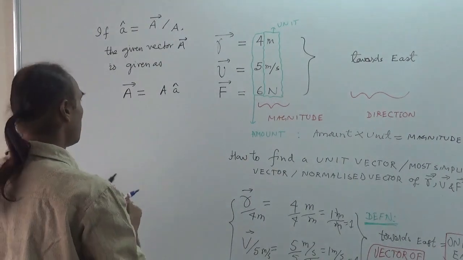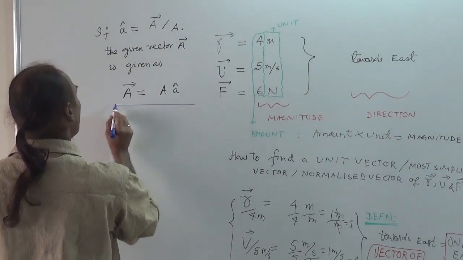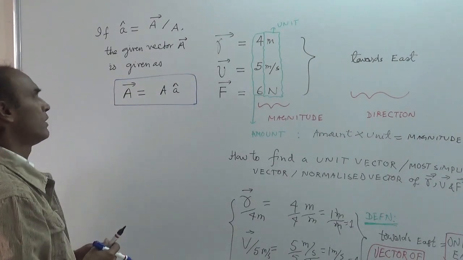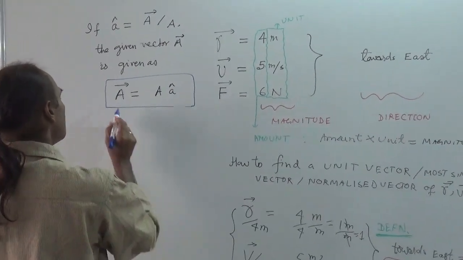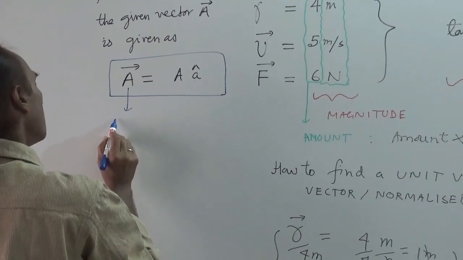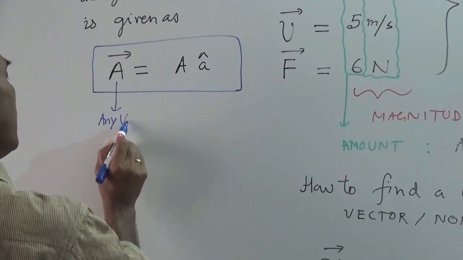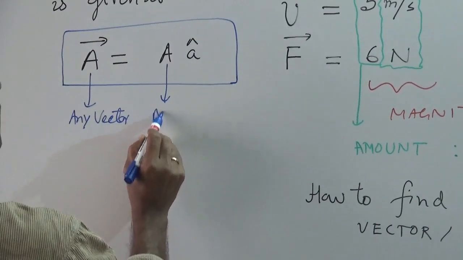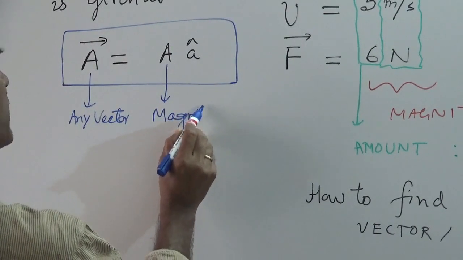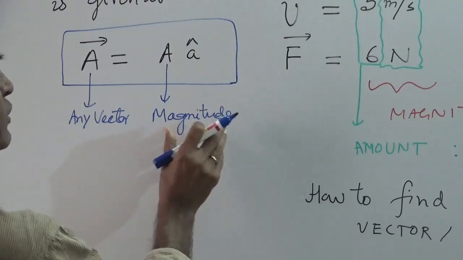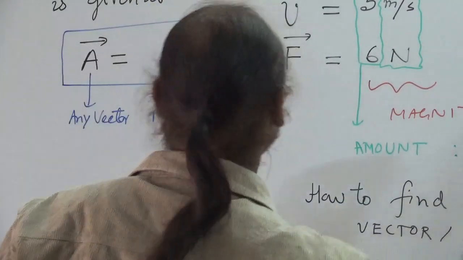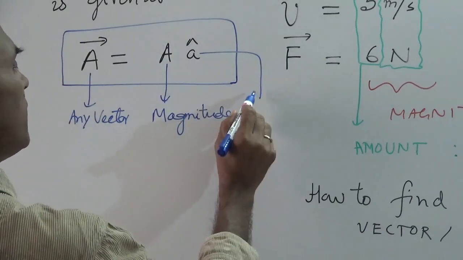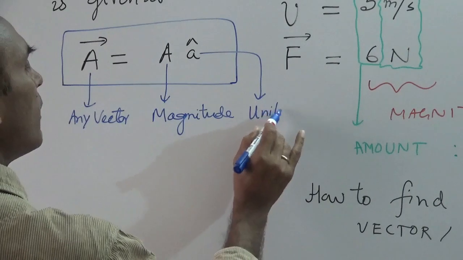So this is the perfect representation of any vector. This is the magnitude of the vector. Magnitude is nothing but its amount and its unit, and this is the unit vector.